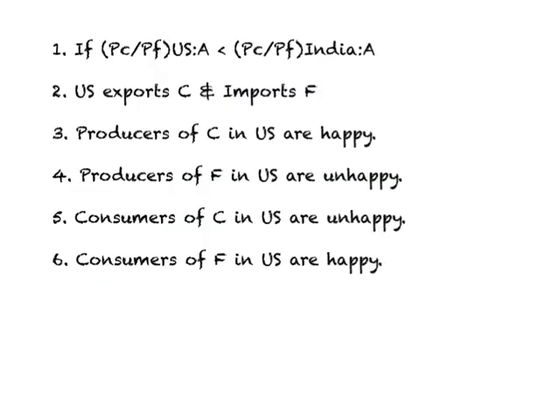Now, based on the previous slide, we know that if the price of clothing relative to the price of food in the US in autarky is lower than in India in autarky, or generally speaking, the price of clothing is relatively lower in the US than in India in autarky, and the price of food in India in autarky is lower than what we have for the US, then the US will export clothing and import food.